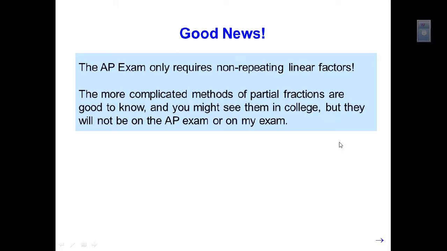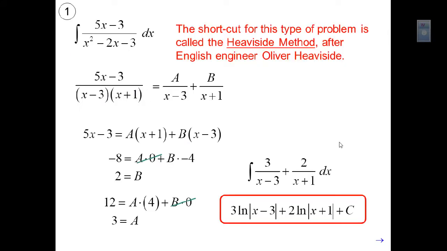All right, now the good news is that the AP exam only requires non-repeating linear factors. And what that means is what we were dealing with just a second ago. Going back here, the factors in the denominator are both linear. Non-repeating means they're not the same thing.